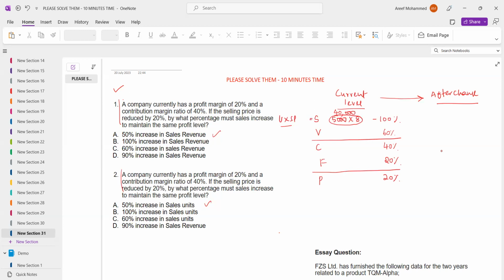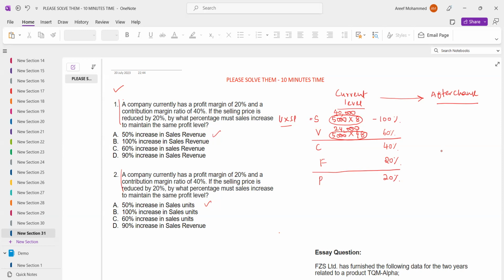If variable cost is 60%, what is the variable cost per unit here? 8 rupees is the selling price, so variable cost will be 4.8. Units doesn't change, it will be the same. So the total variable cost is 24,000. Then 4.8 is the variable cost out of 8.